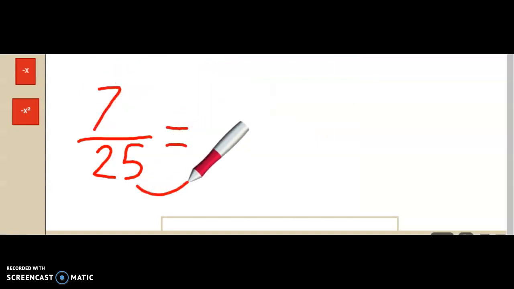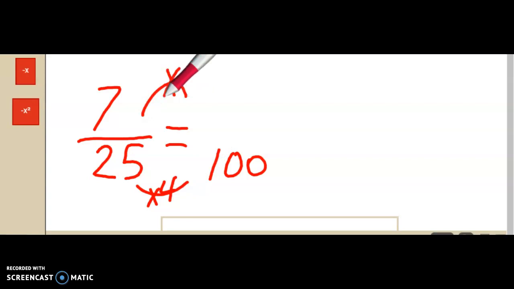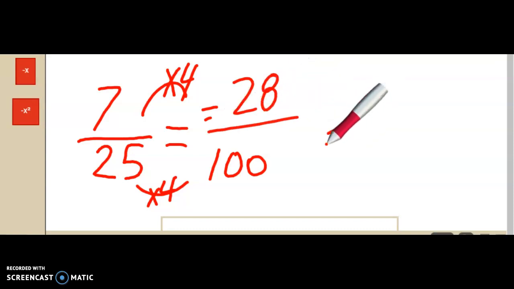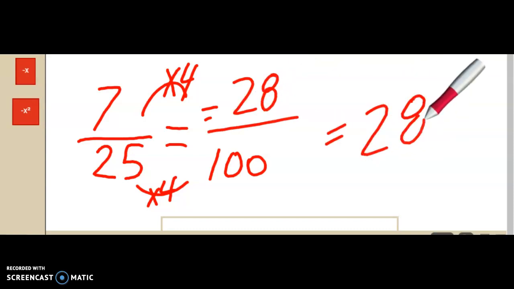Now what we need to do is make this a percent. And remember, percent means of 100. So 25 to 100, how do we get there? Well, to get 25 to 100, we have to multiply this number by 4, which means we have to also multiply this number by 4. So 7 times 4 is going to give us 28. So it's 28 out of 100, or 28%.